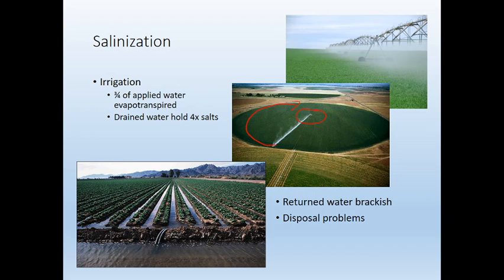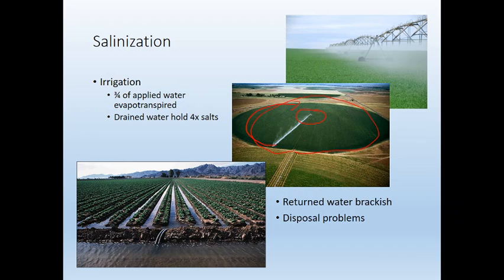What happens is that water eventually gets evapotranspired, right? Plants are sucking up that water and then releasing it through their leaves. So think about all the water that's put on this field here. Then think about all the water that drains off that field.